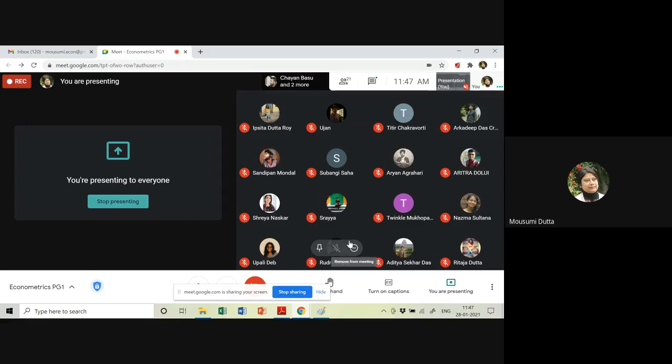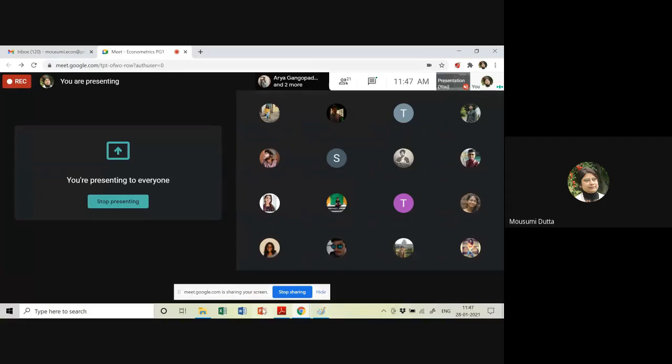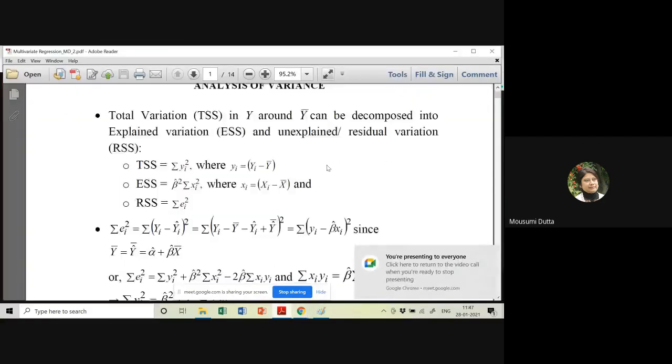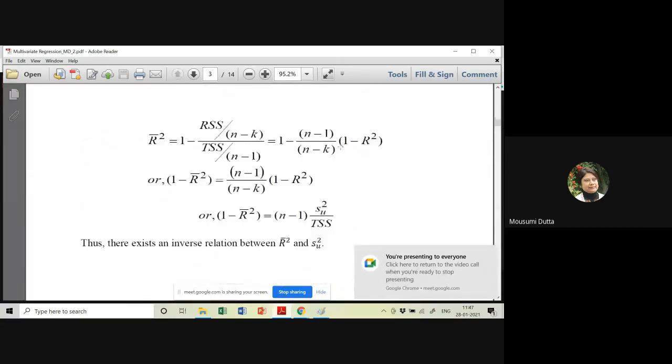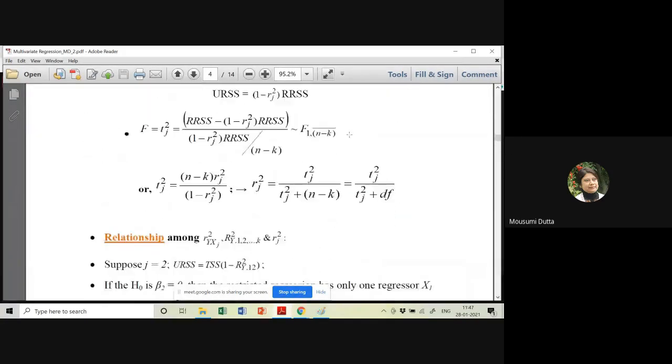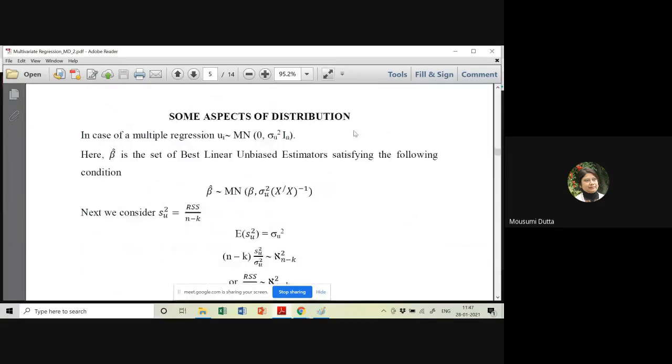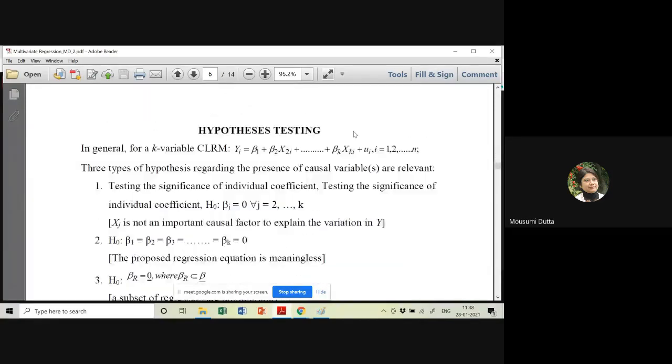So this is the question: multiple joint hypotheses, beta 1 equals beta 2 and beta 3 equals 1. I hope we discussed this kind of context where we have multiple specifications.